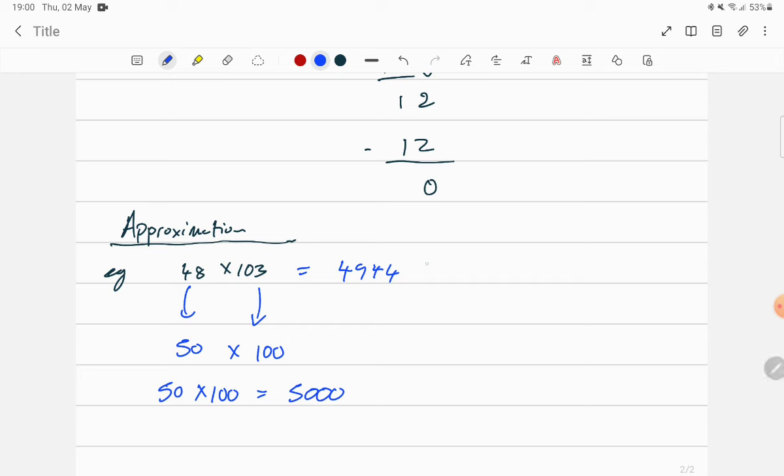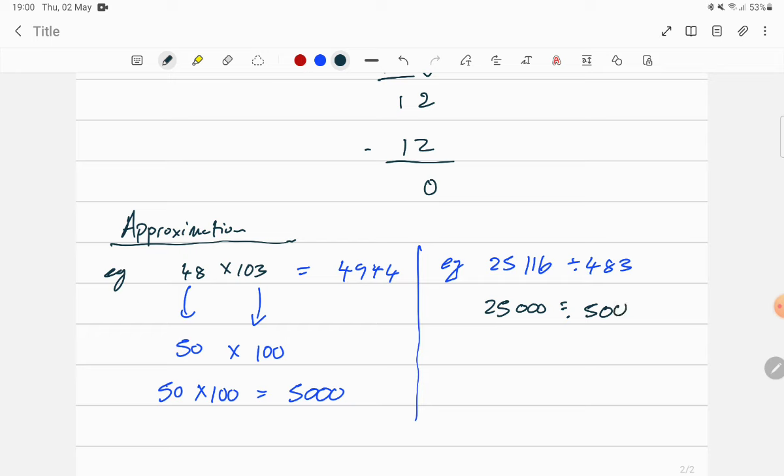And likewise, you can do the same thing for a division situation. So for example, if you were to take 25,116 divided by 483, and we were to round these values up or down, this would be 25,000 divided by 500.